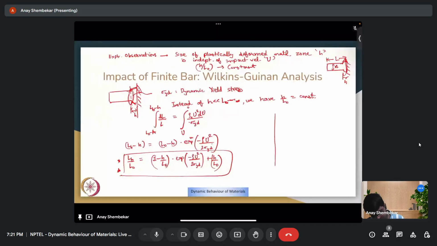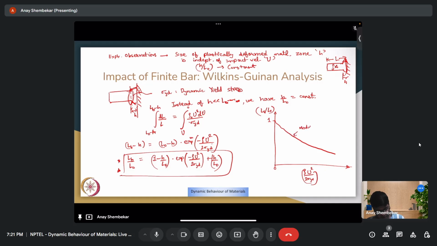If I plot Lf by L naught against rho u square by 2 sigma yd, it will go from, say, 1 to a point, decreasing.